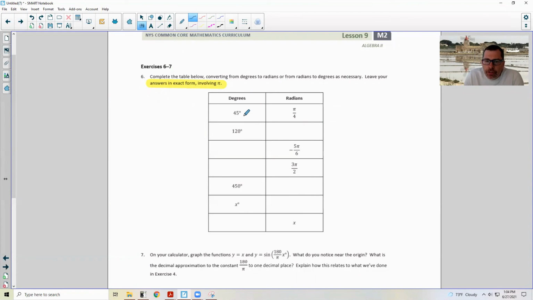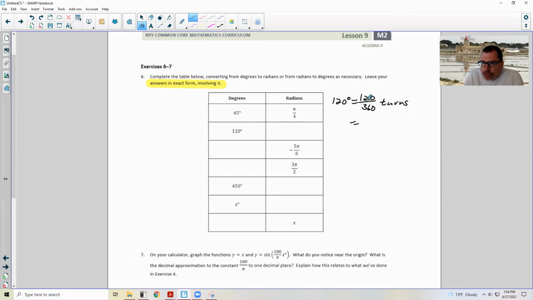Okay, so 45 degrees, we already did, it was pi over 4. 120 degrees. So remember, 120 degrees would equal 120 out of 360 turns, if you will. And that will equal, well, 12 goes into 36, the 0's cancel, 12 times 3.